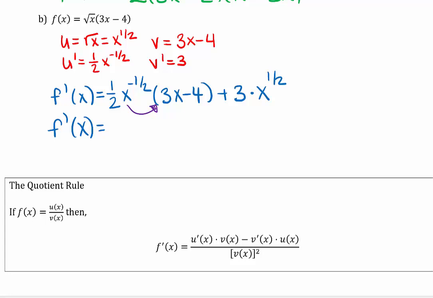1/2 x to the negative 1/2 times 3x. Let's see, 1/2 times 3 is 3/2. And x to the negative 1/2 times x to the 1, if we add the exponents, is x to the 1/2. 1/2 x to the negative 1/2 times negative 4 would be negative 2 x to the negative 1/2, plus 3x to the 1/2.